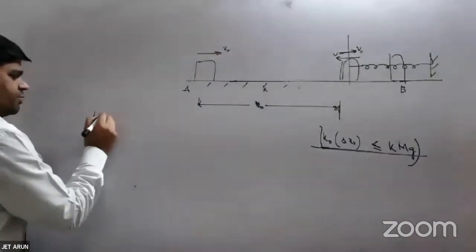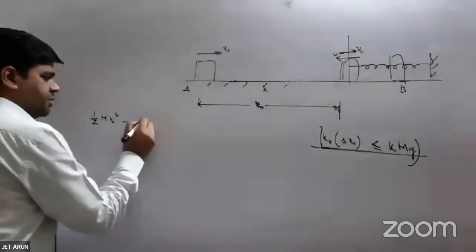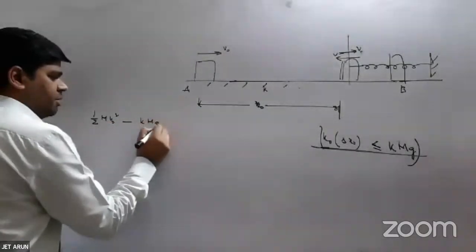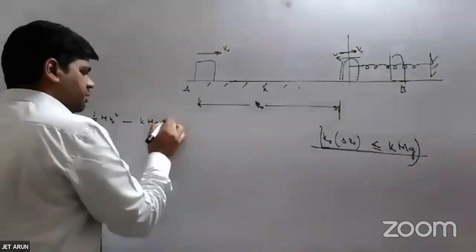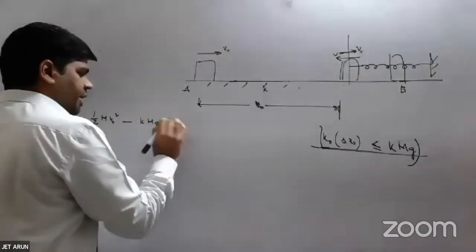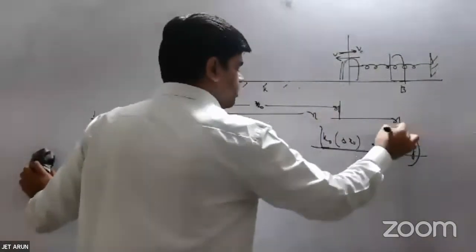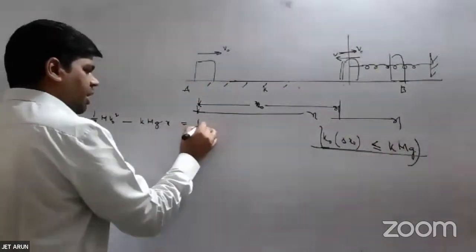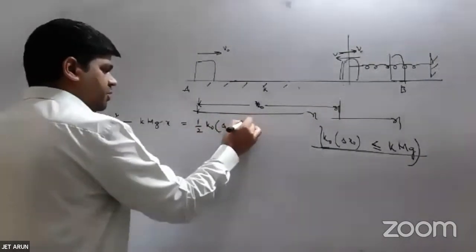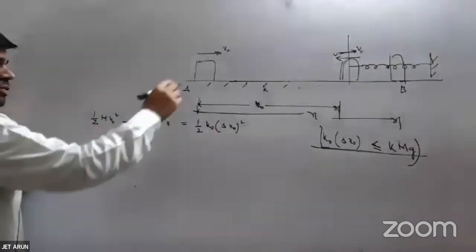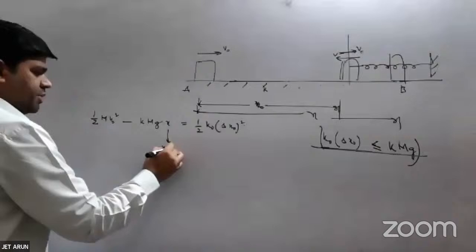So half m v square minus mu mg into x, where x, let's say this is x, is equal to half k naught delta x naught square. Now look at this from geometry: x is equal to x naught plus delta x naught.